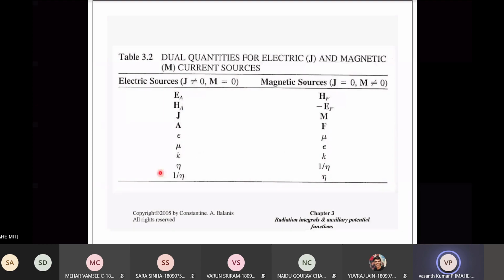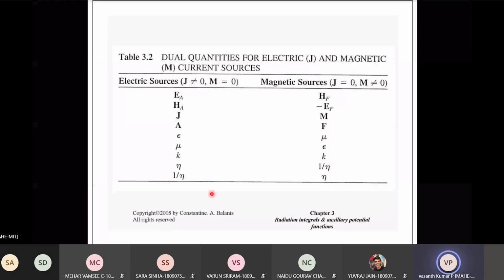So if the equations relating to magnetic sources are given, you can get equations for electric sources by doing the opposite. HF you convert to EA, minus EF you convert to HA, M you convert to J, F you convert to A, and so on. These are called dual equations.